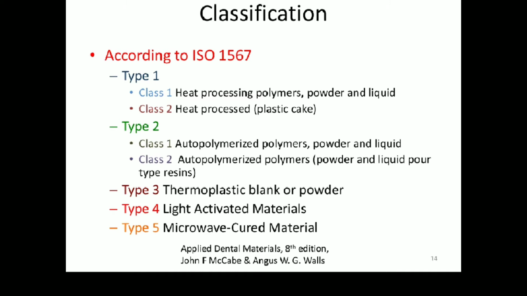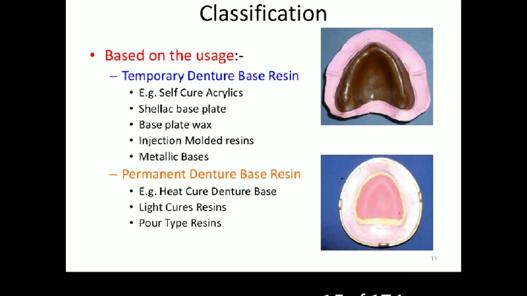This classification is given in the Applied Dental Materials textbook. It is not given in your Phillips, but some examiners might expect this classification also. But the general classification given in your Phillips textbook or in your Vanna Palli is based on usage.